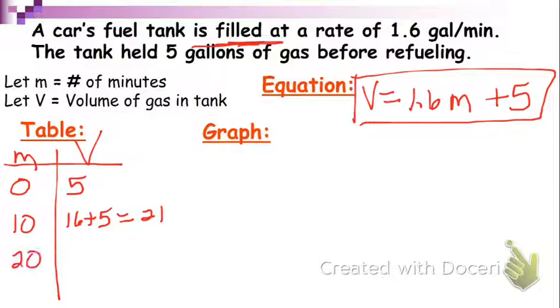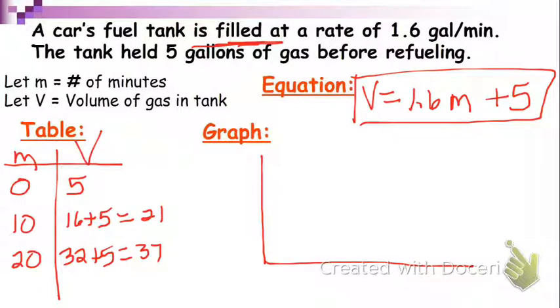And let's do 20. So let's see, that would be 32 plus 5. So that'd be 37. Very large gas tank. But this will be enough for us for an example to do our graph. And remember, not drawing these to scale because I'm hand drawing these, just so you know.